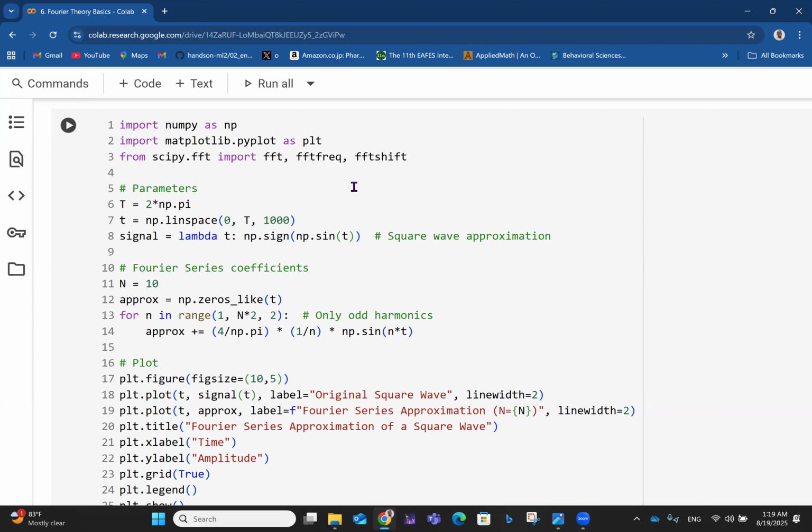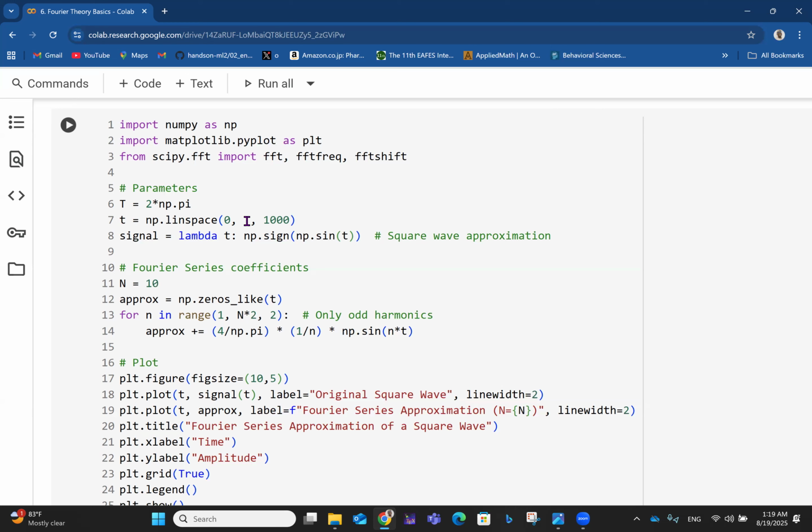And then we have Matplotlib for visualization, and then we have scipy.fft. It is from the SciPy library, which is scientific Python. It is for me to get the fast Fourier transform. And from there, you can import fast Fourier transform frequency, and fast Fourier transform shifts, like that. So you declare the period. This is 2 pi, that's 360 degrees, but it's 2 pi in radians.